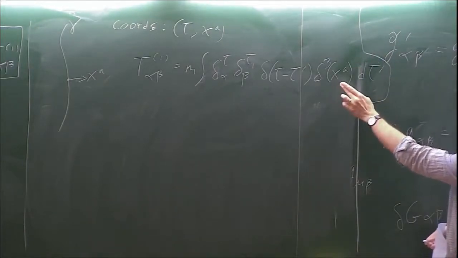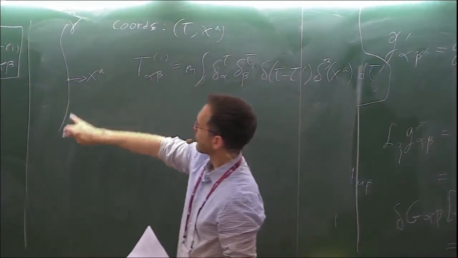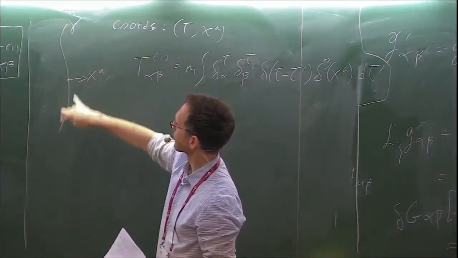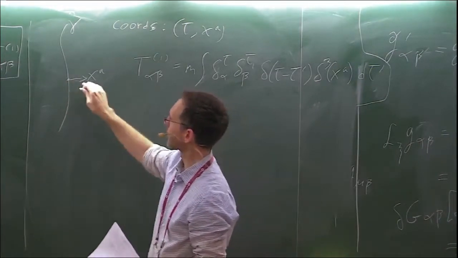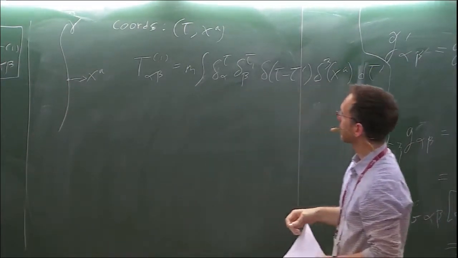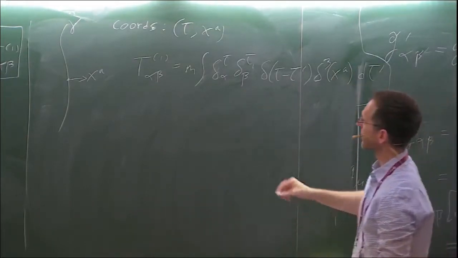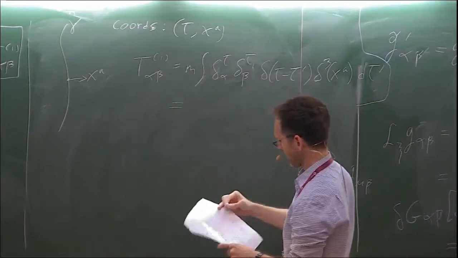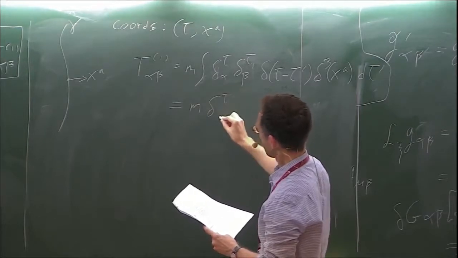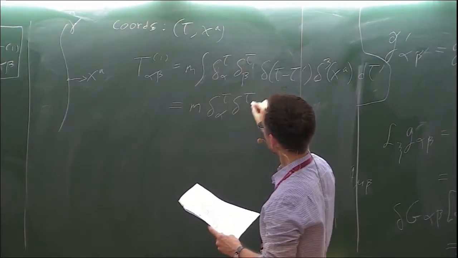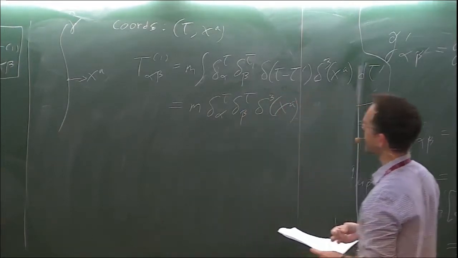So it's x^a minus z^a in the argument, but z^a is 0 because we've defined the world line to be the origin of this local coordinate system. But now we can just evaluate this delta function. So now we just have m times δ^α_τ δ^β_τ times this 3-dimensional delta function.